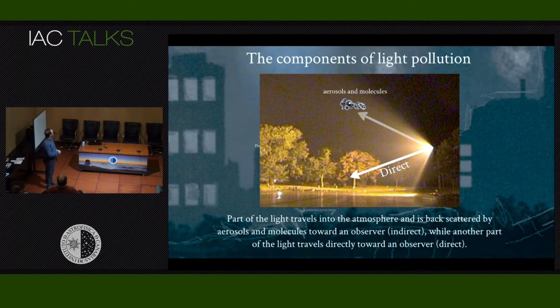But the second part is what I call the indirect light pollution. And this one actually is going up, hitting some particles in the atmosphere and then going down to the observer. And if you look into that direction, of course, you will see the stars, but there's a kind of competition with the light pollution coming from the sky.